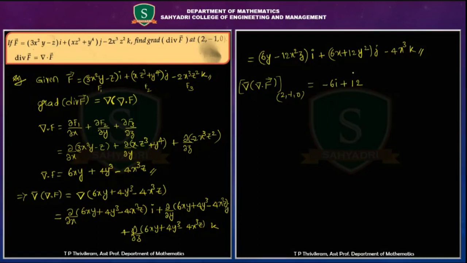Minus 1 square you'll get plus 1, plus 12, j, plus minus 4 into 2 cube.